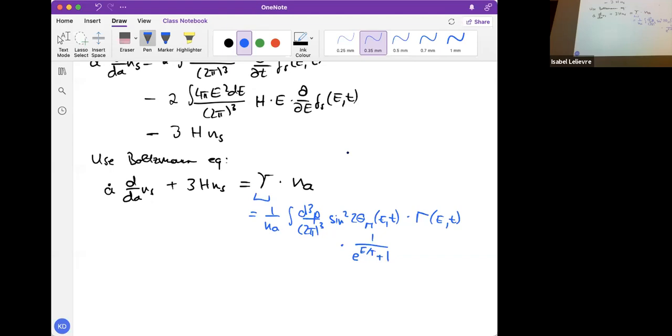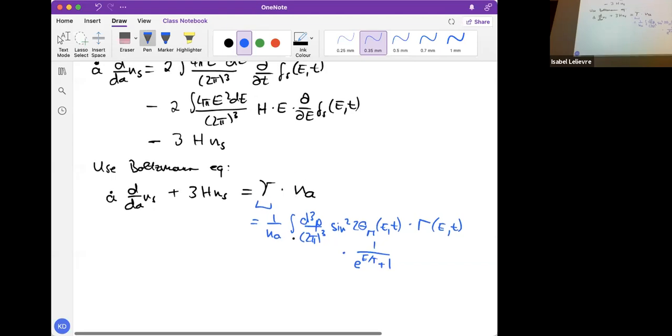Right, so this all comes from inserting the Boltzmann equation. And I'm normalizing out a factor of NA here to basically be insensitive to the overall number density of NA and more to their spectral shape. It's just a matter of how I write things.